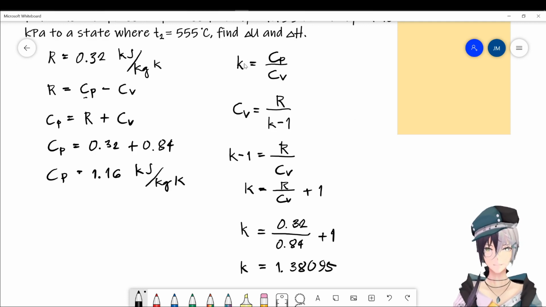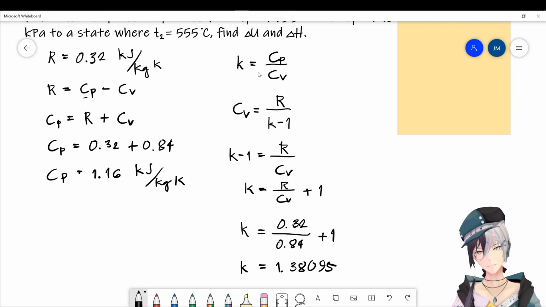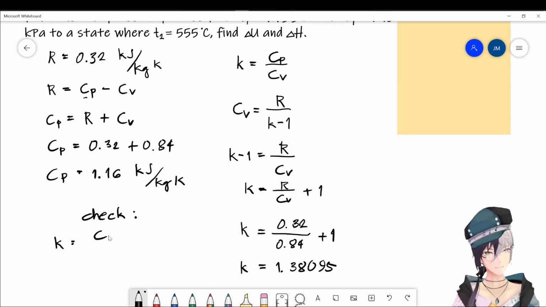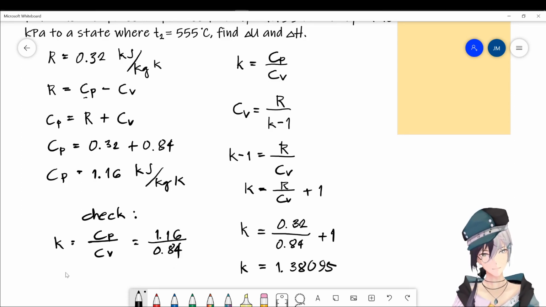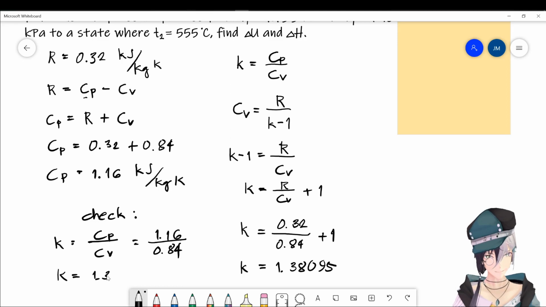Okay, so let's check using this equation. For this formula, K is 1.16 divided by 0.84, and we get the same answer as 1.38095.